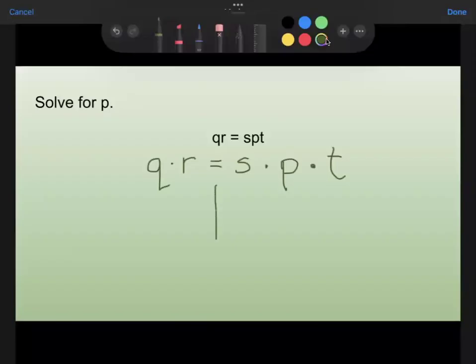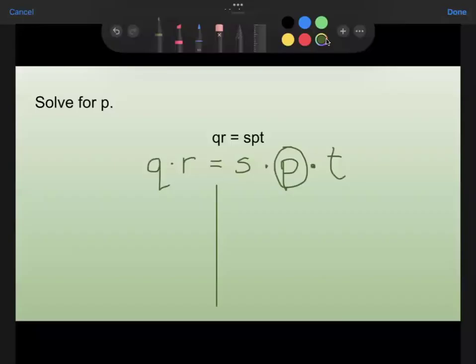There are still two sides to the equation, and P is the one that we're solving for. A lot of times with these, I'll circle the variable that I'm solving for. That helps me visually see what needs to get moved to the other side of the equation. Now that I've circled the P, I know the S and the T need to get moved.